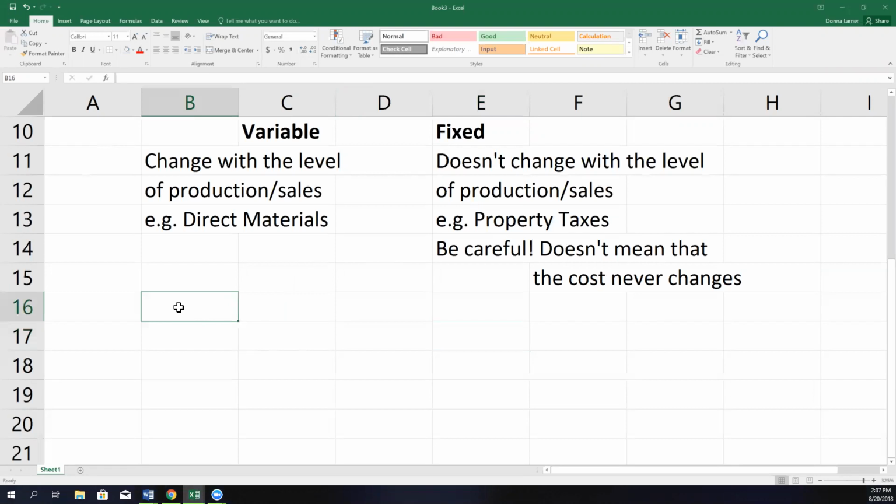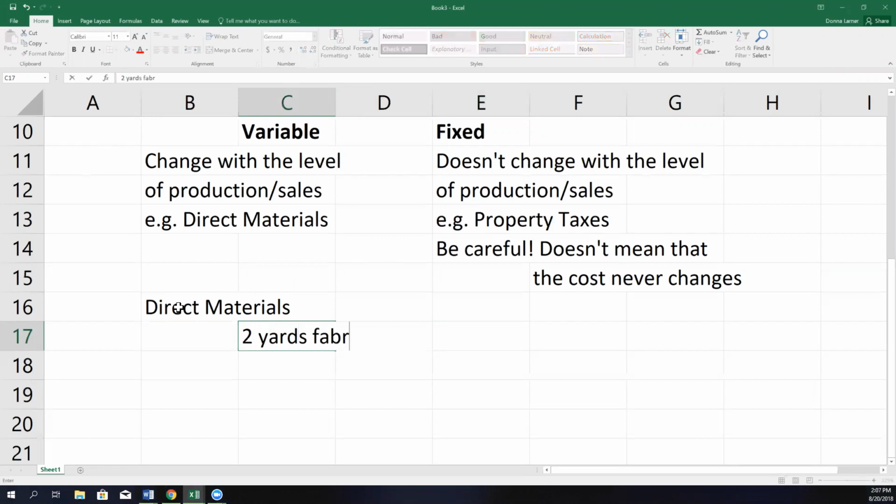You can also, let's say that we have direct materials, and we've decided that to make our product takes 2 yards of fabric, and they're at $5 per yard.